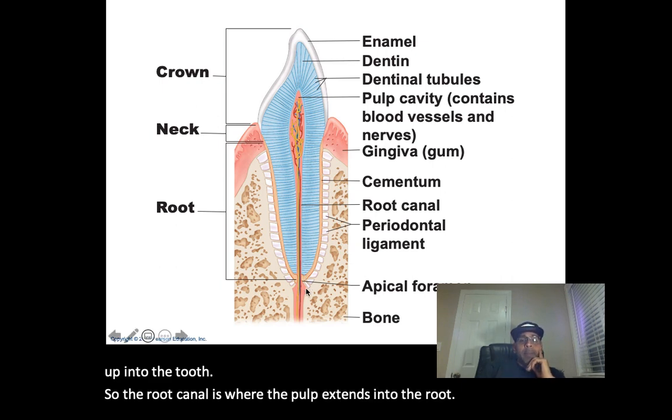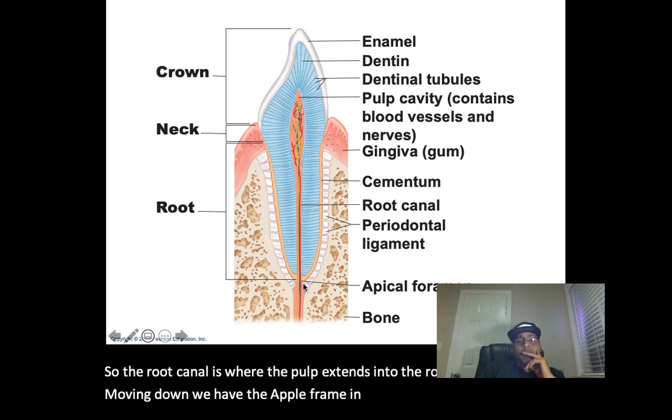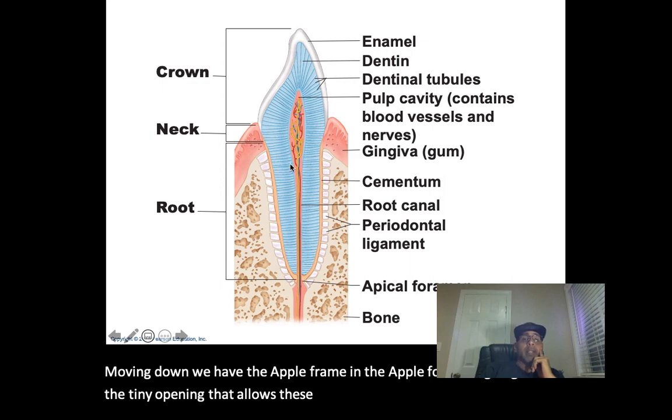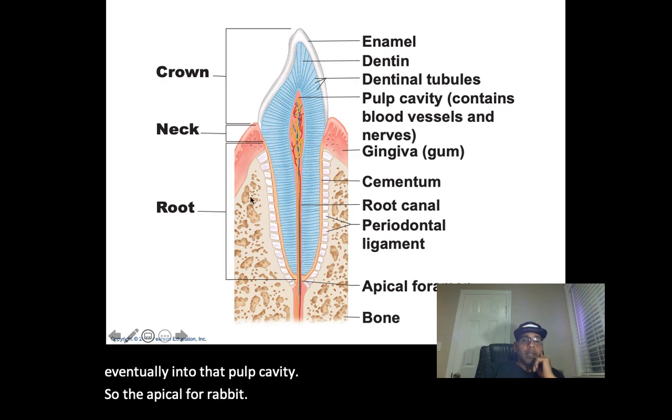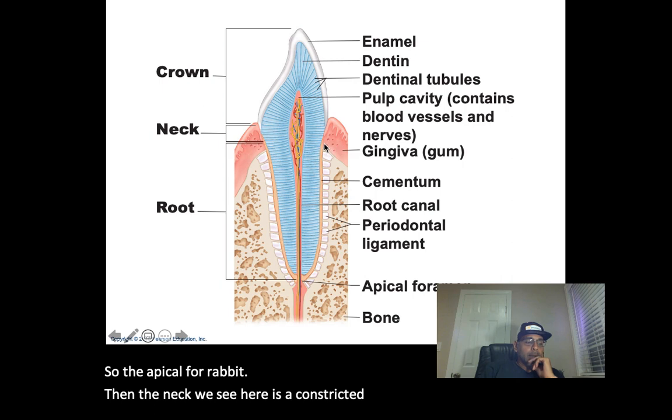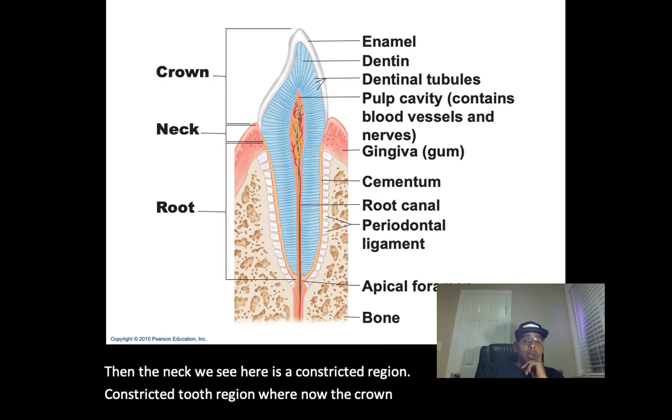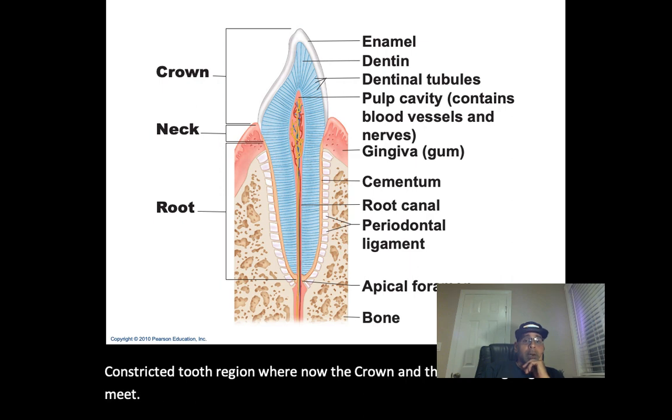Moving down, we have the apical foramen. The apical foramen is the tiny opening that allows these structures up into the canal and then eventually into that pulp cavity. Then the neck, we see here, is a constricted tooth region where the crown and the root meet.